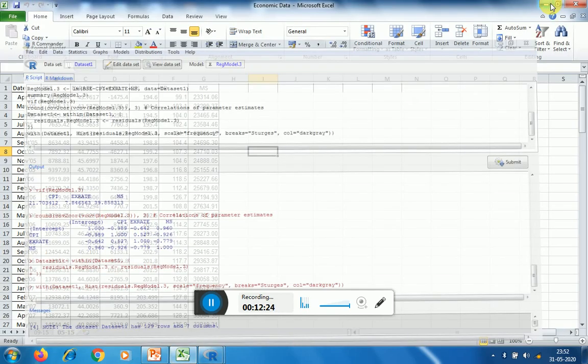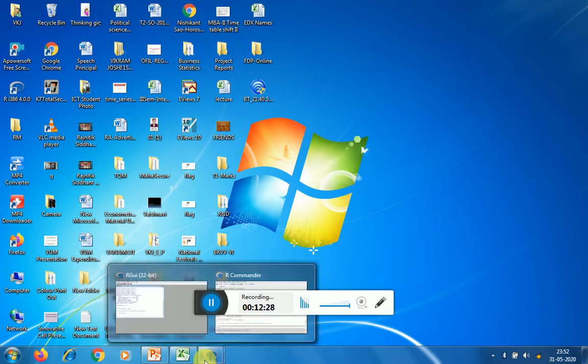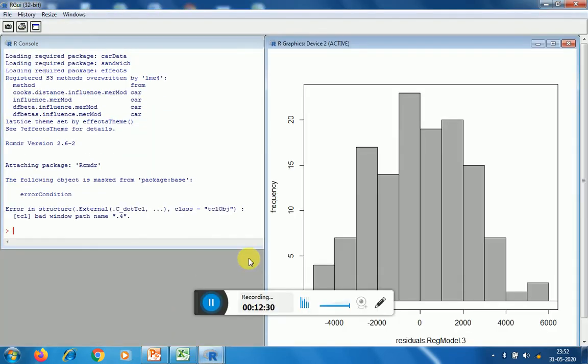So we will get the histogram corresponding to this. So if we assume a hypothetical bell-shaped curve, we can say that this seems to be normally distributed, and hence we can go with this model as well.